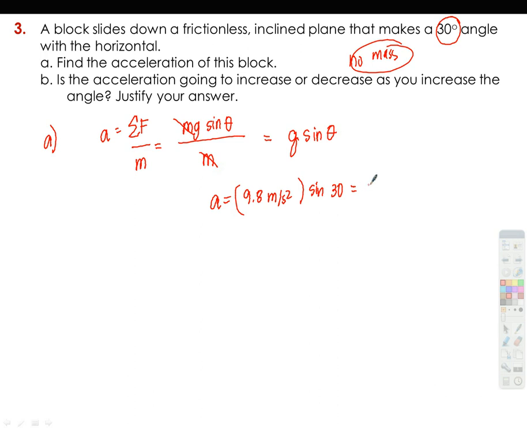Then our a should be equivalent to 4.9 meters per second squared. Next, for letter B, is the acceleration going to increase or decrease as you increase the angle? Thinking logically, you know that the acceleration will increase.